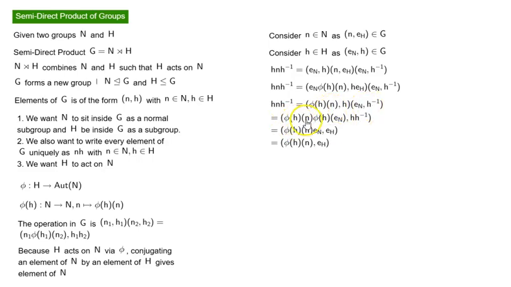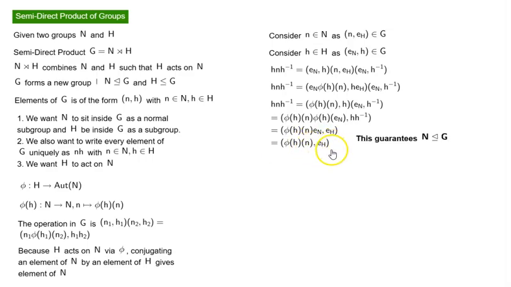So phi of h of n as it is, then phi of h of e_N, comma h times h inverse. That is phi of h of n times e_N, comma e_H, since h times h inverse is e_H, which is equal to (phi of h of n, e_H).